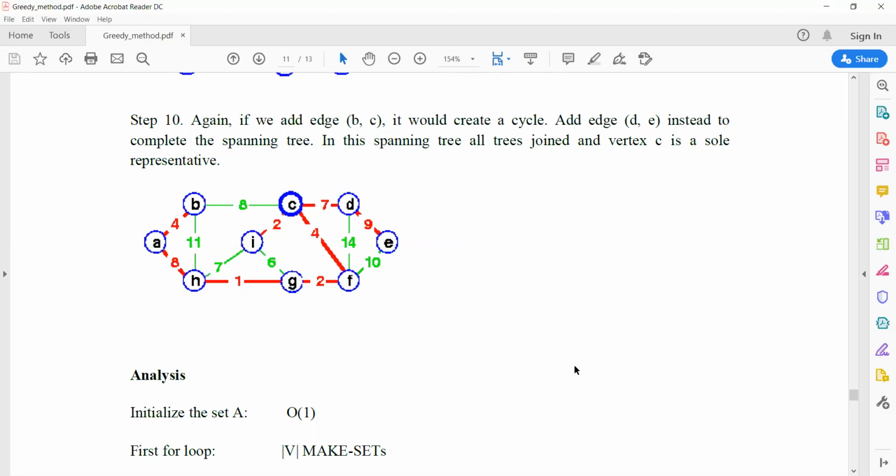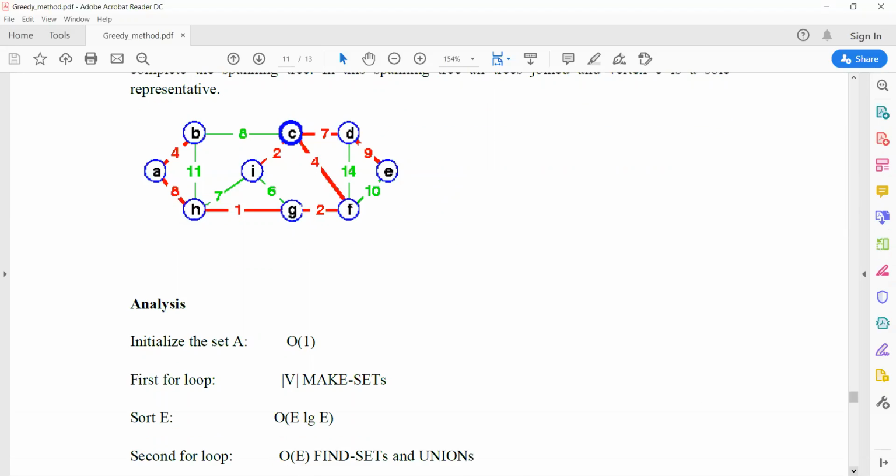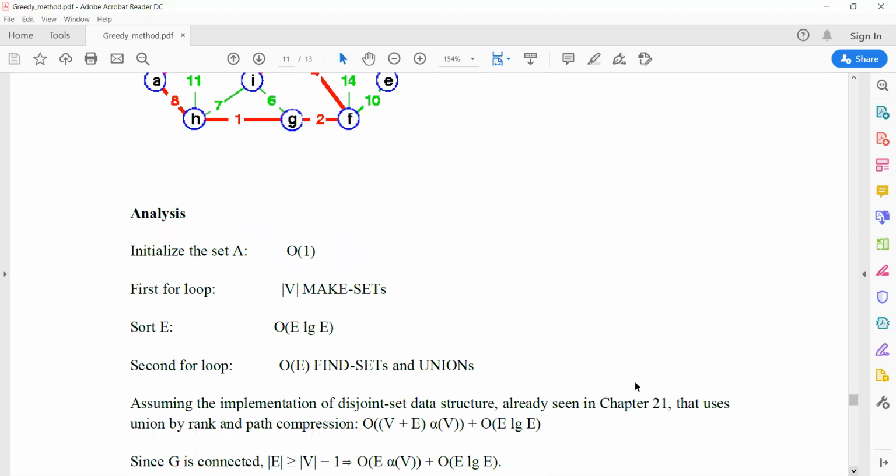So this is the algorithm part, and here the analysis is given. Now, to sort the edges you require E log E. There are E number of edges, so you require to sort them, and that will cost around E log E. And the second loop is basically searching to find the set, find set and making union.